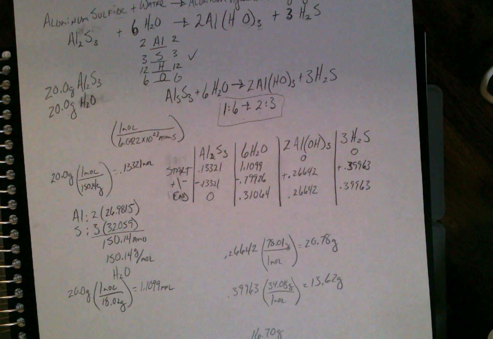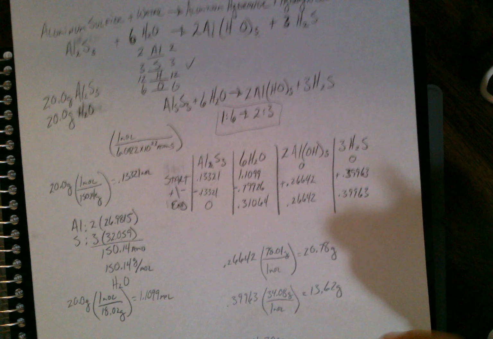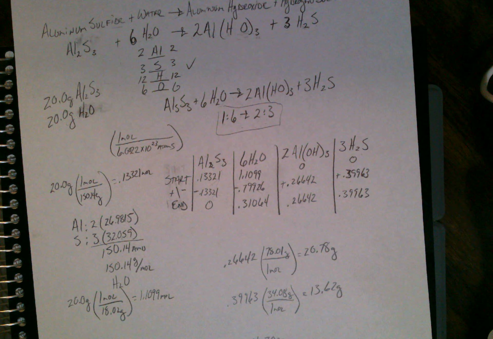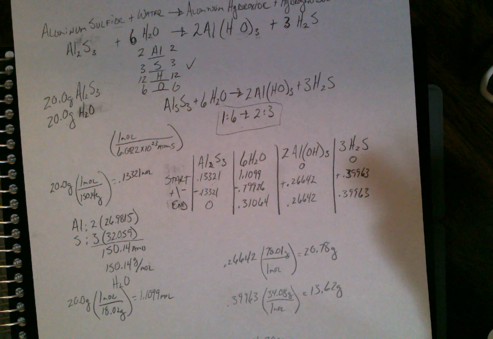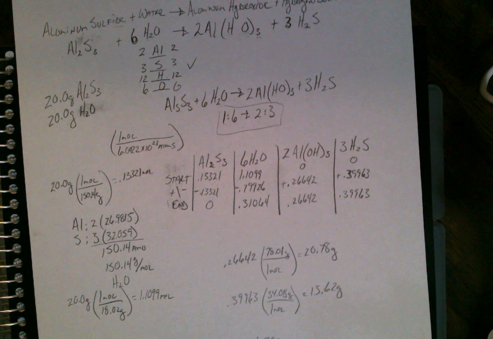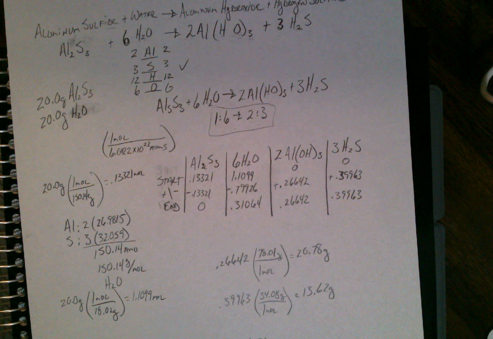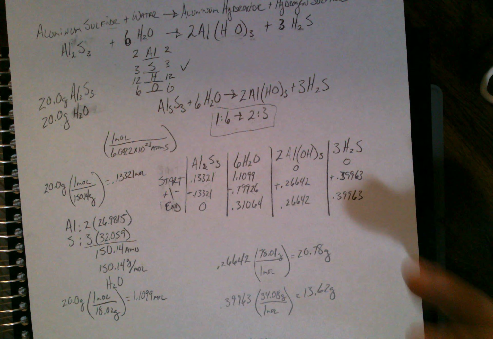For whatever reason, maybe your beginning materials just weren't pure enough. There are a few reasons why your experiment might not produce the perfect theoretical results, but it never does. It will never create more than your theoretical, but it will always create a little bit less.